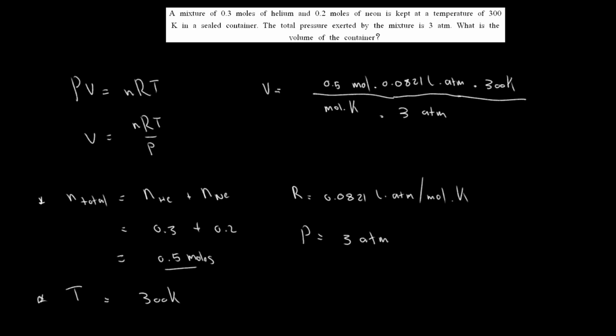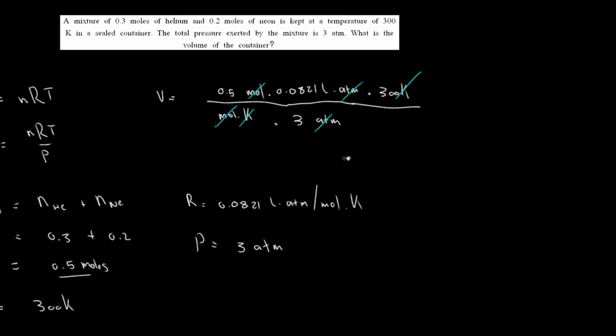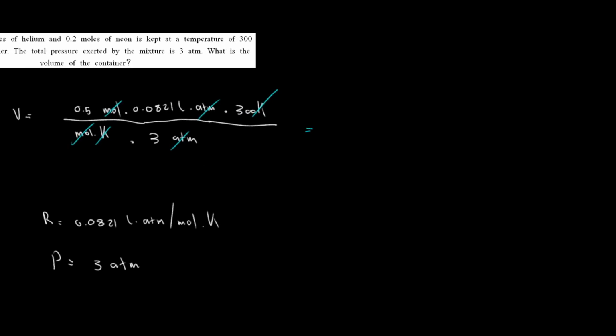So let's see. Our moles cancel. Our Kelvin cancel. Our atmosphere cancel. And look at that. We're left with liters, which would be a unit of measurement for volume. Okay, so I'm going to quickly do this equation. So let's say 0.5 multiply 0.0821 multiply 300. That gives me 12.315 over 3.